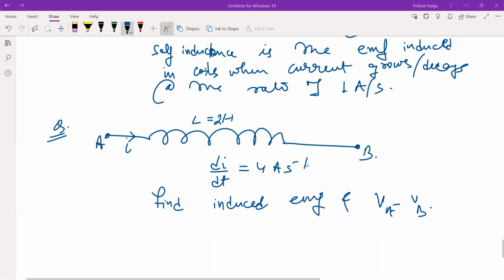Di by dt, what is given? This is the rate of change of current. We have to find induced EMF and VA minus VB. Not induced current, induced EMF.